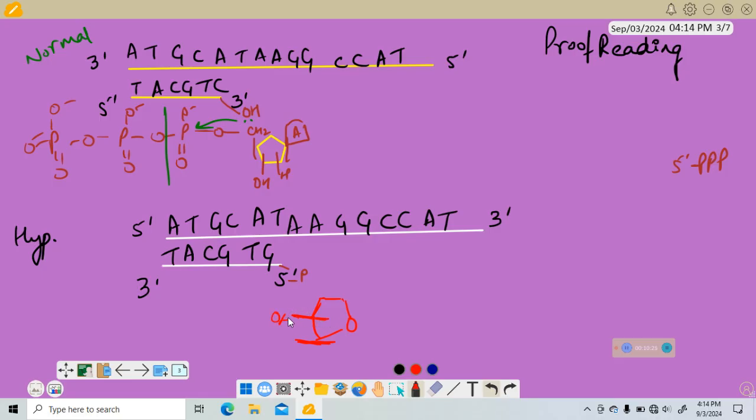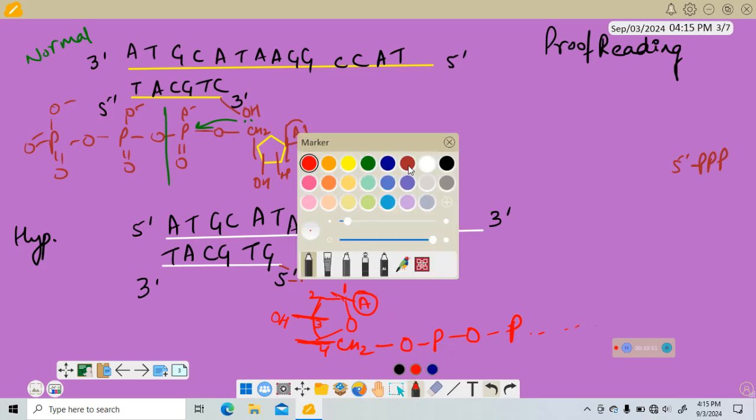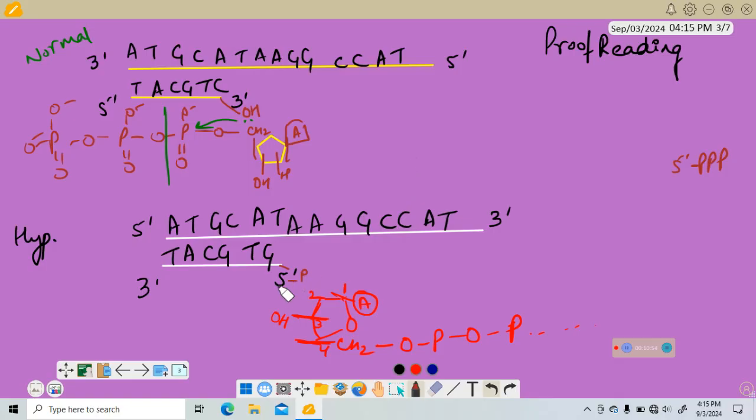Here we have OH at the third position, then this is the fourth carbon and this is the fifth carbon. Sorry, adenine will be here first, then second, then third, then fourth, and then fifth here, CH2, OP, and the structure goes like this. So here we need to see this 3-OH. It has two lone pairs.